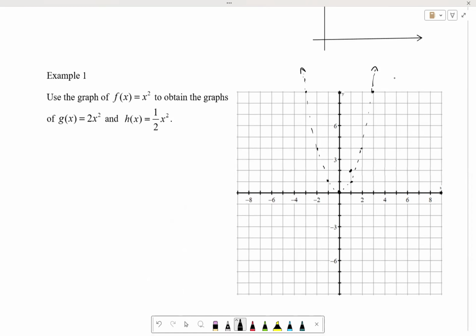So here's my new one. So 2 goes to 4. I said, was it 4? Now it's at 8. And I think that's it for the right side. And same thing on the left side. All those y values have stretched.